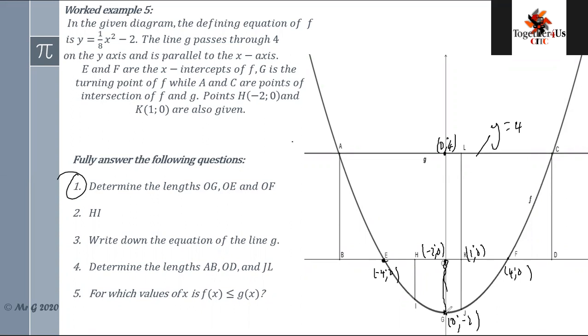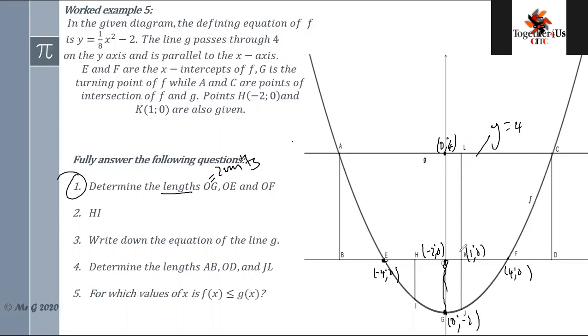What is the length? We know that this is on the y-axis, so the length must be expressed in terms of y values. What is the distance here? It is 2. But what does the negative tell us? It means downwards. So the length of OG is 2 units. If you want to give direction, you can say downwards. But it is a positive 2, not a -2, because length or distance is never negative.